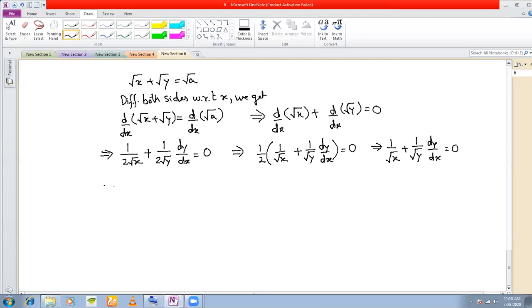That means 1 by root y dy/dx is equal to minus 1 by root x. That means dy/dx is minus root y by root x, which can also be written as minus root of y by x. Clear?